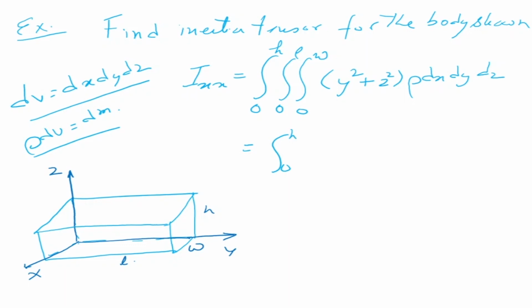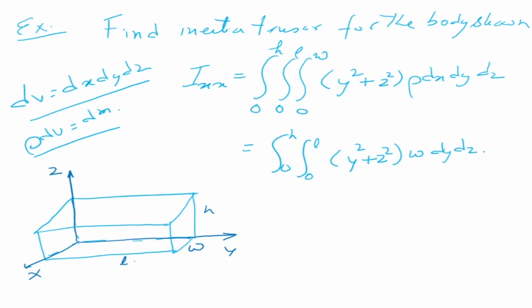So first, what are we going to do? We're going to integrate with respect to x. There is no x here, so it becomes 1, giving the integral from 0 to h, 0 to L of (y squared plus z squared) dy dz.